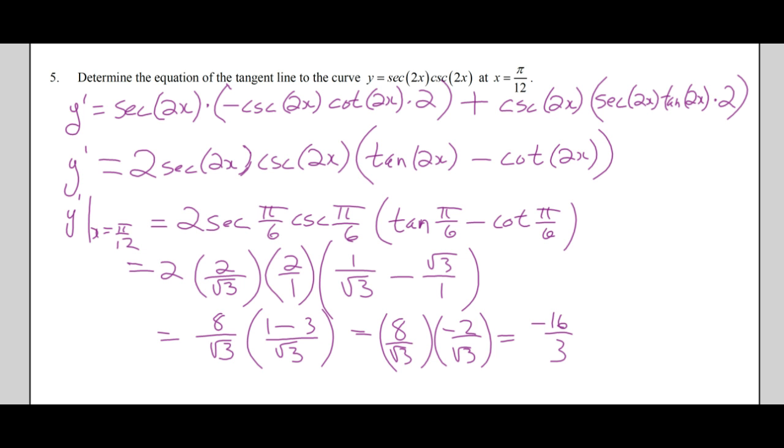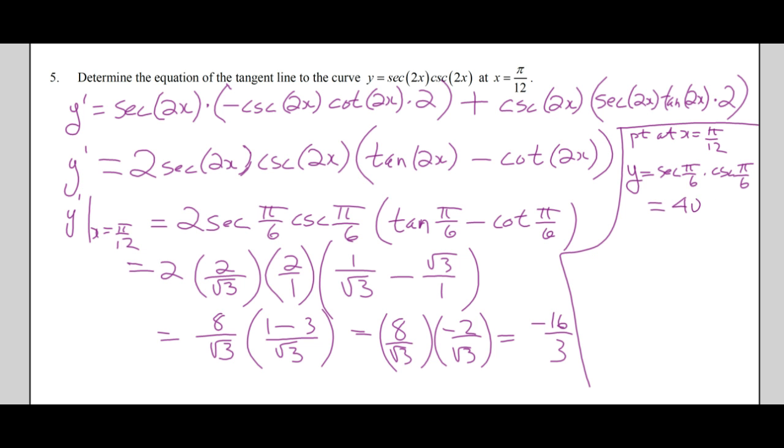And if you disagree, feel free to. So the point at x equals pi over 12, so secant pi over 6 times cosecant pi over 6. I think we already worked those out, right? That'll be 4 over root 3. So 4 root 3 over 3.